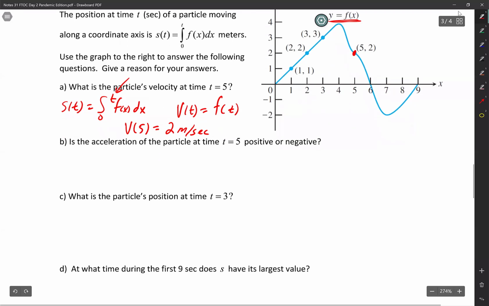Letter B. Is the acceleration of the particle at time t equals 5 positive or negative? Well, I know that the acceleration is equal to the derivative of velocity, which is equal to the second derivative of position.